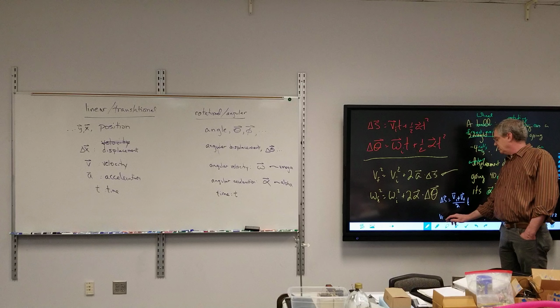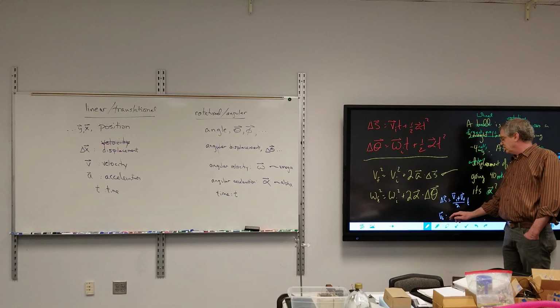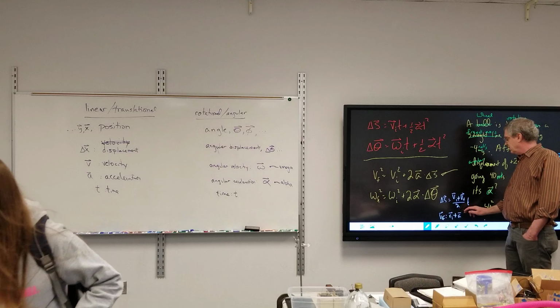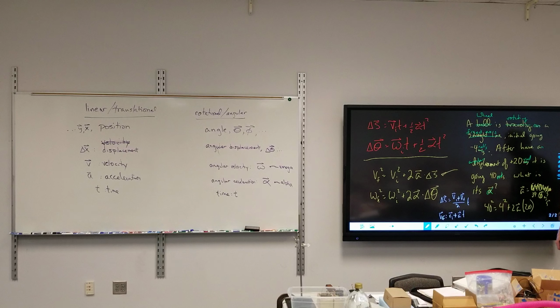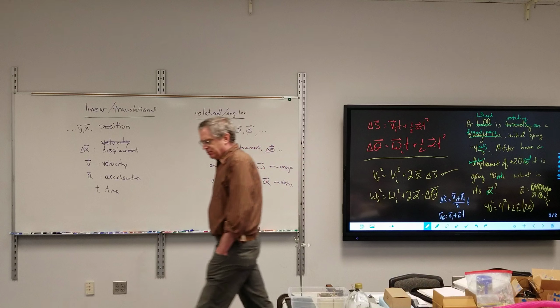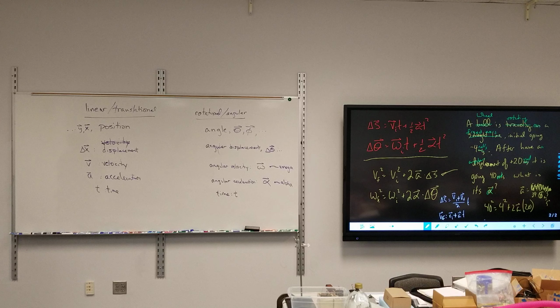And V final equals V initial plus A T. So that only doubles the number of equations we have from the first 2 chapters we dealt with.